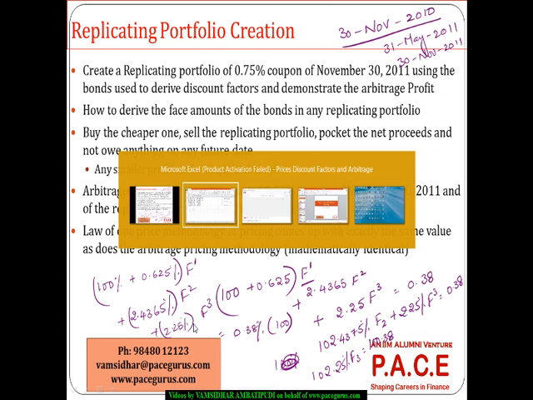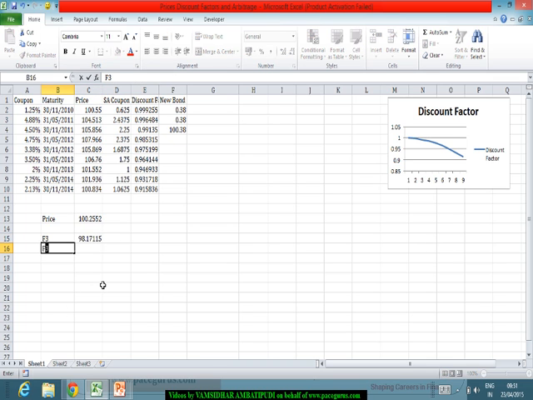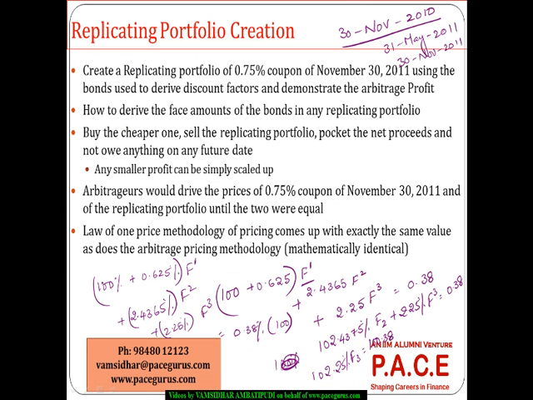Right, from here now I should be able to find F2. F2 is coming out as 0.38 minus 2.25% times F3, divided by 102.4375%.